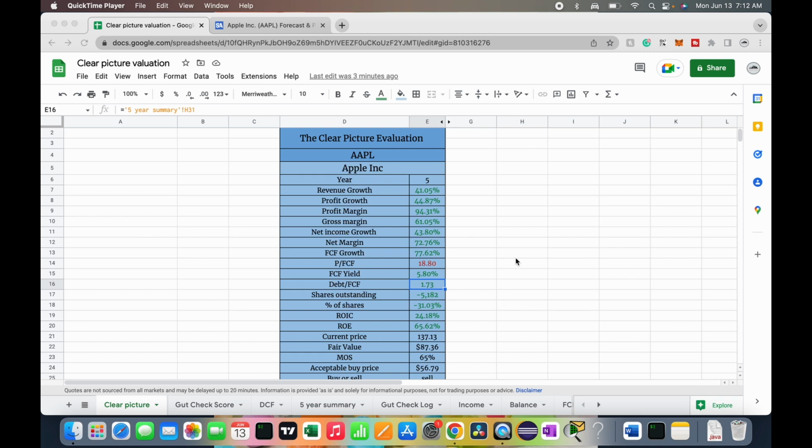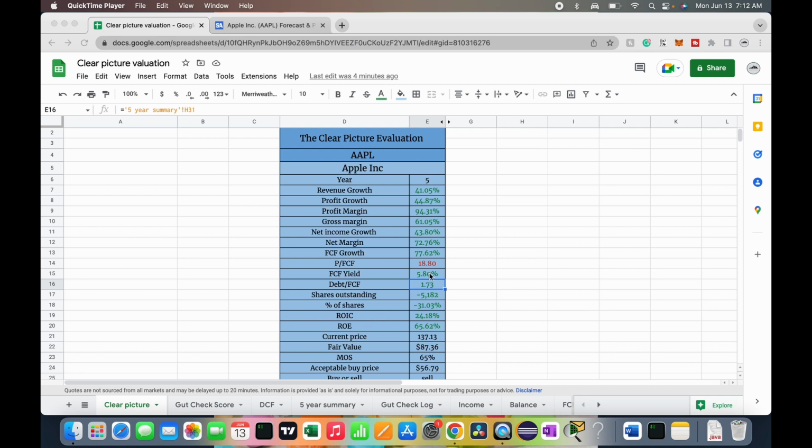So let's begin. You see, we have these categories: revenue growth, profit margin, gross margin, net income, net margin, free cash flow growth, price to free cash flow or sales to free cash flow, yield, debt to free cash flow, shares outstanding.